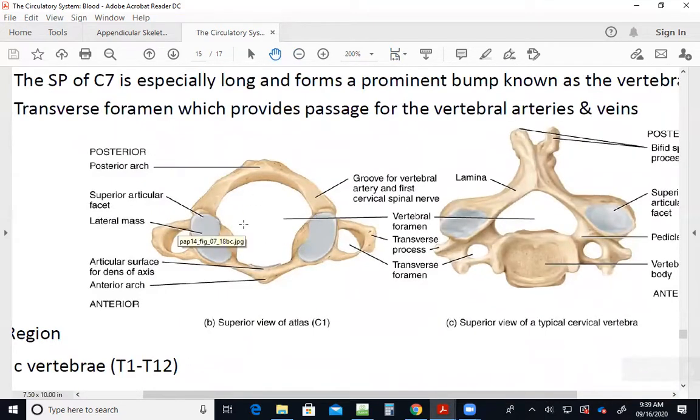It looks like no other vertebra because it has no body and it's got that big old vertebral foramen. The term atlas refers to, I think, a Greek god called Atlas, who is responsible for holding the world on his shoulders. And this guy doesn't hold the world on his shoulders, he holds the head.